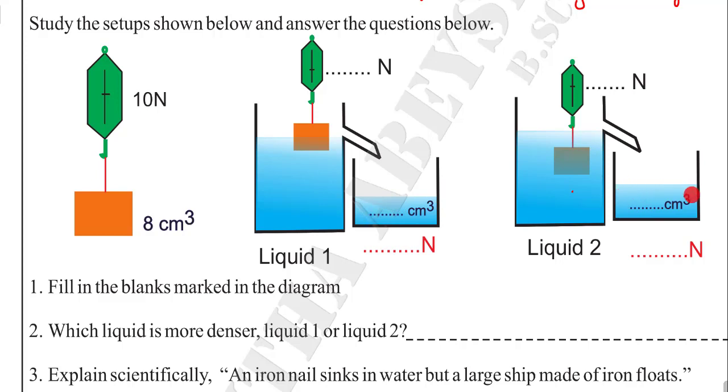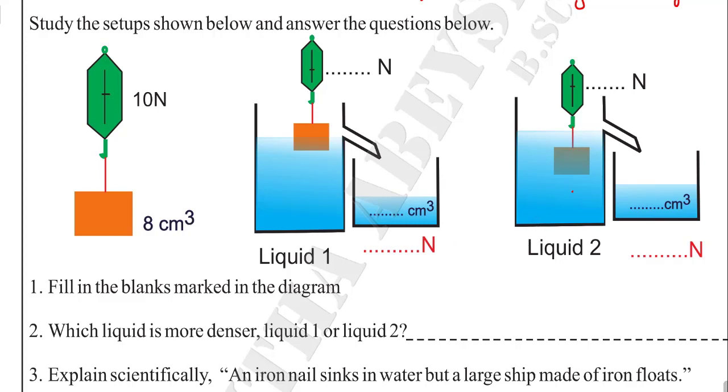Here also, children, there is a certain amount of liquid, the full total volume of liquid is there, right? And fill in the blanks marked in the diagram, children. Here you can start from this one.